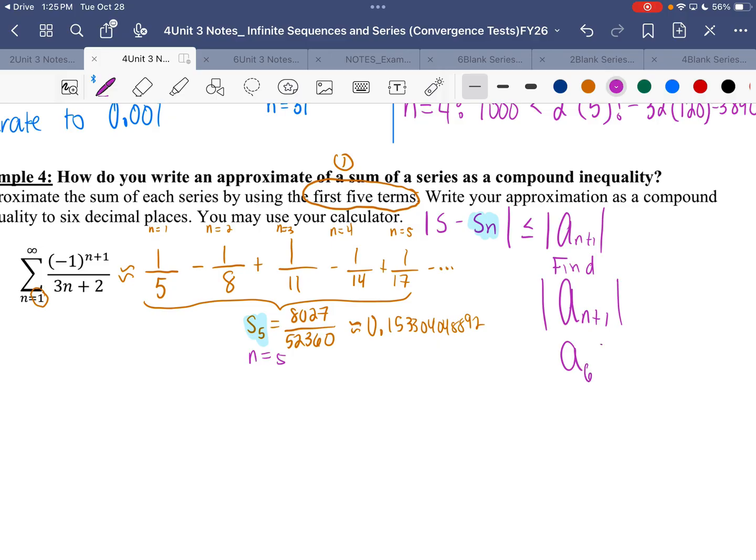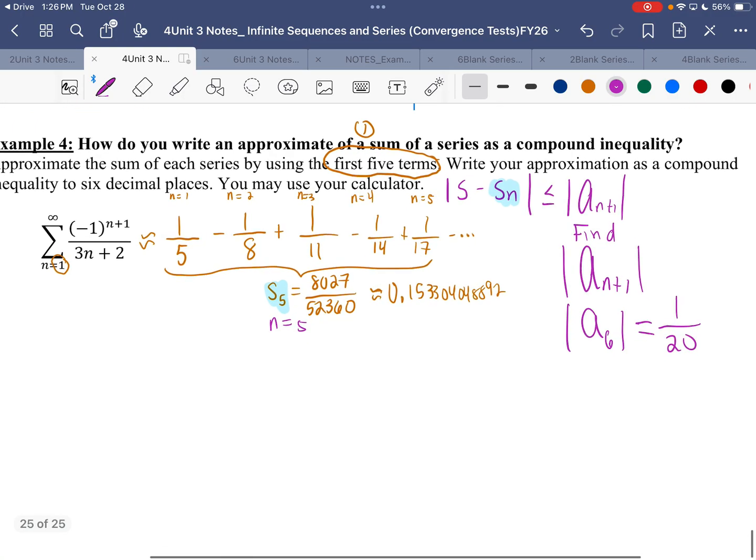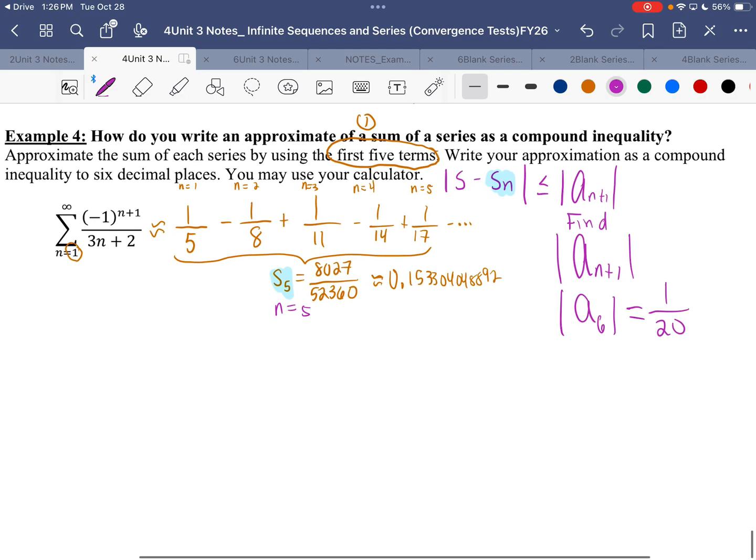Yes, 6. So we're really finding a6, and it's absolute valued. So really I'm just plugging in 6 to the bottom. 6 times 3 is 18, plus 2, 20. And now we're going to put this into that inequality.